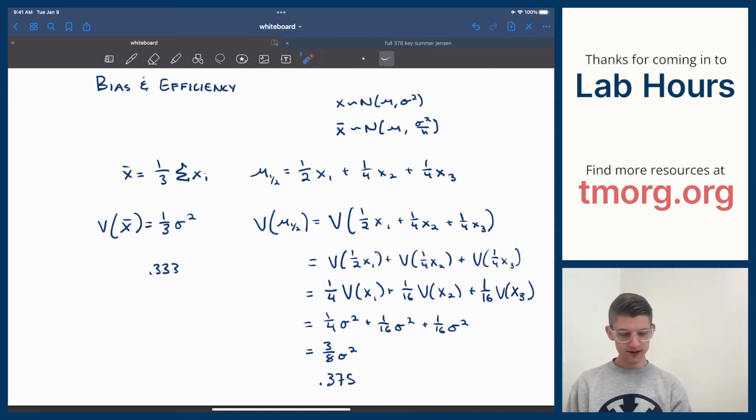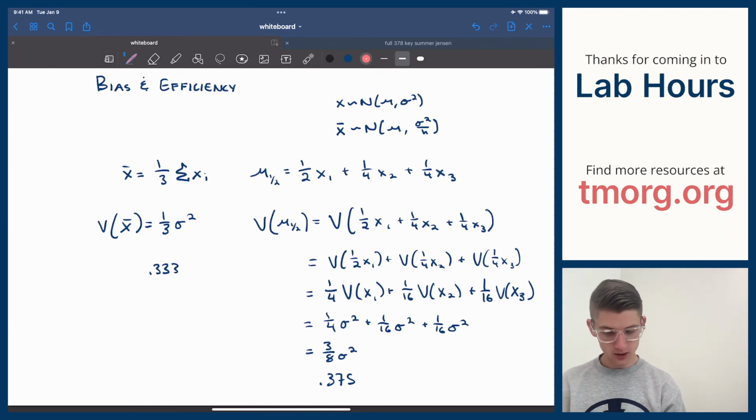So we see that the variance of mu 1/2 is 0.375 sigma squared, but the variance of x bar is only 0.333 sigma squared. So x bar is more efficient. Its variance is smaller. Does that make sense intuitively? The answer is yes. Let's go back to our 1, 2, 3, 4, 5, 6, 7, 8, 9, and 10 world.